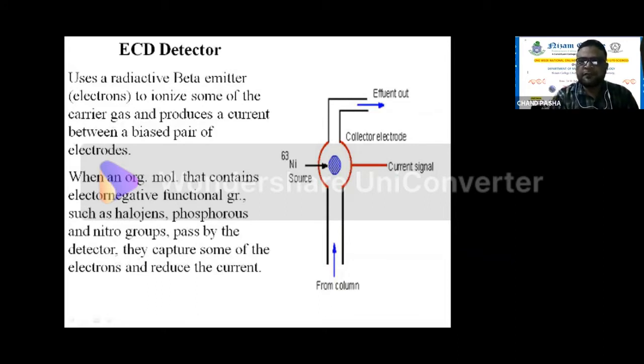But if a molecule with a polar nature comes into the cell, it will take up electrons, and the electrons coming from the nickel will be added to this, so the current potential will be increased.